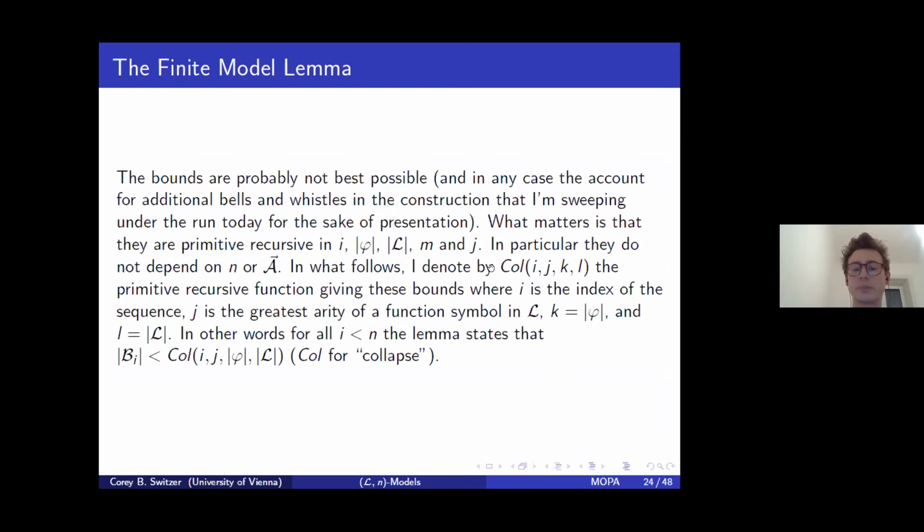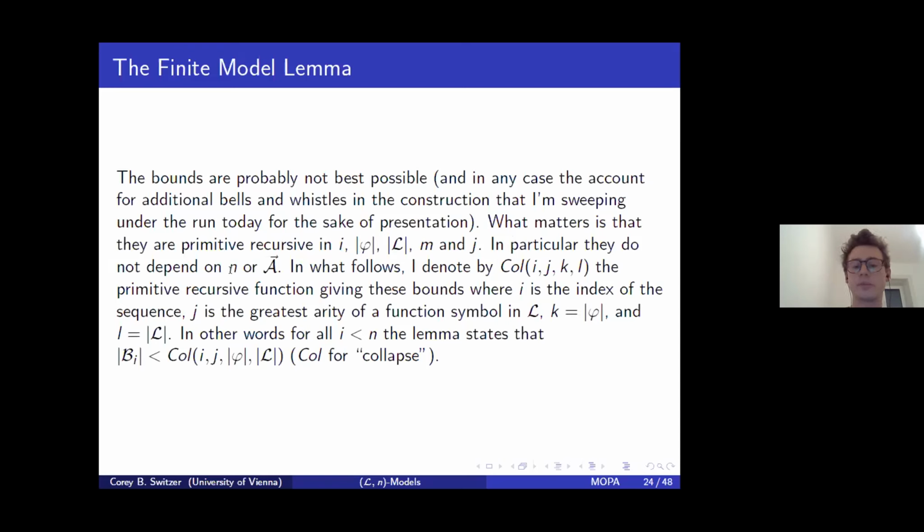What matters is that the bounds are going to be recursive in the index I, the length of phi, the size of L, sorry, this is a typo. There is no M, excuse me. And J, which is the greatest arity of a function symbol in L. Remember, L was finite, so there is a greatest one.